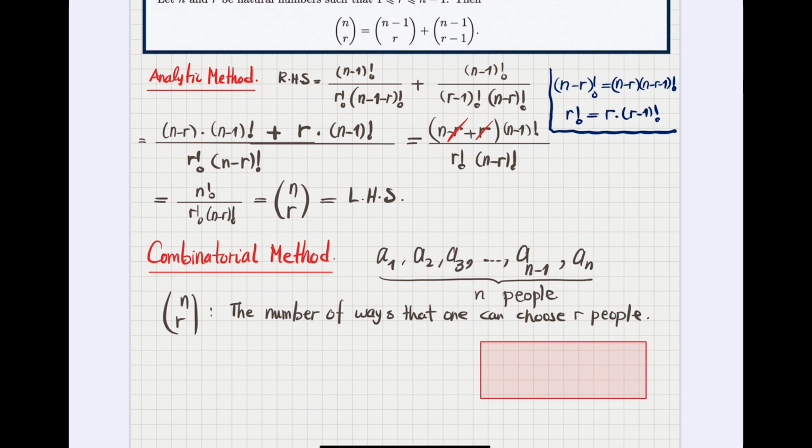So by looking at these numbers, can you come up with a story? What's happening? n minus 1, n minus 1, r minus 1. Let me draw this circle. Any ideas?